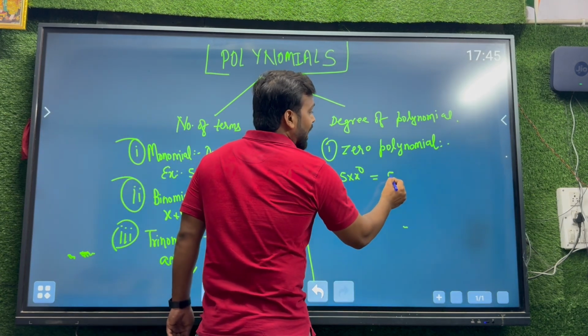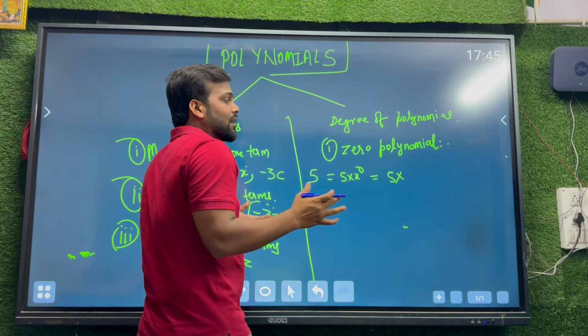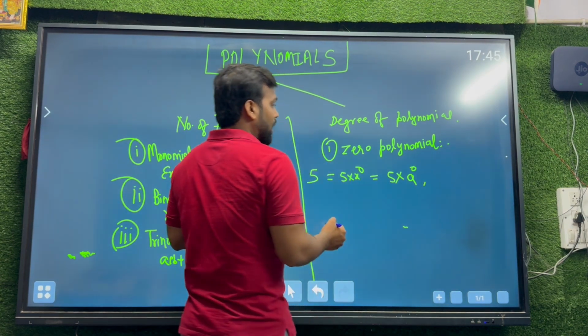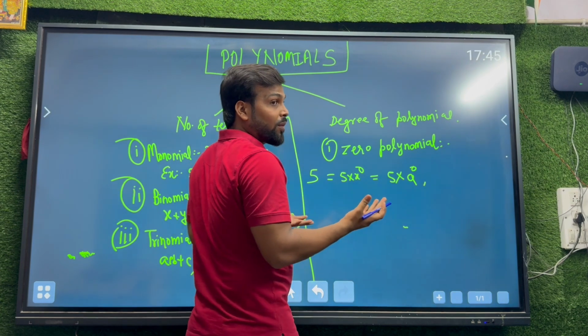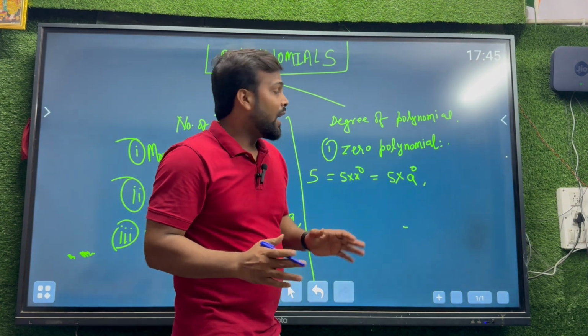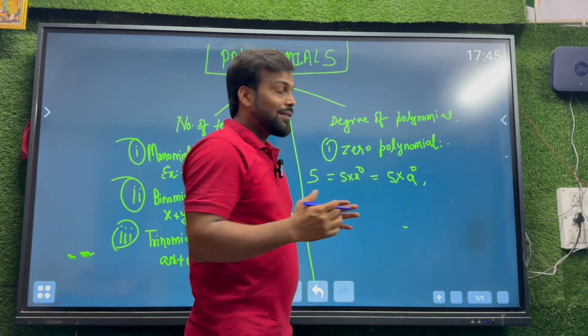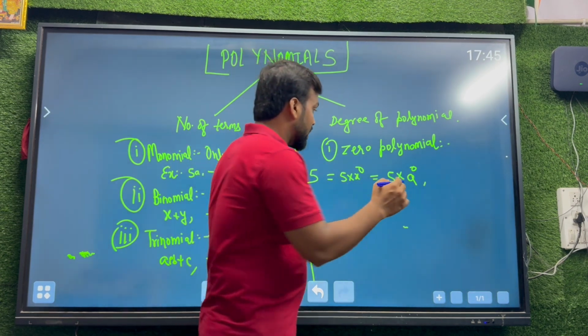Or we can write 5 times, let's take any other variable, a to the power 0. So this is what is called a zero polynomial. All the constant terms are called zero polynomials, because variables with 0 power give you 1.